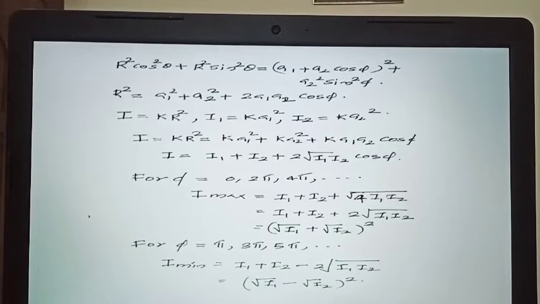Which means whenever the phase difference between the superposing waves is 0, 2 pi, 4 pi, constructive superposition happens and the intensity becomes maximum. Where phi is an odd multiple of pi, you get minimum intensity. So that is the first concept in the superposition of waves, the superposition principle, and based on it, where you get maximum and minimum intensity.